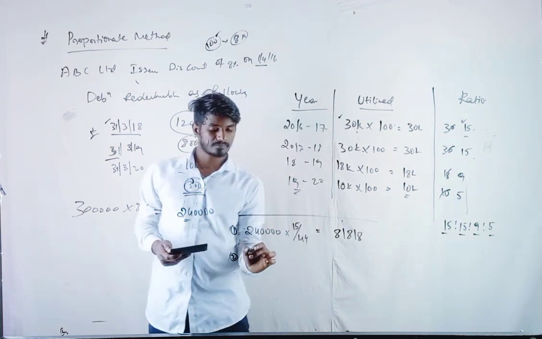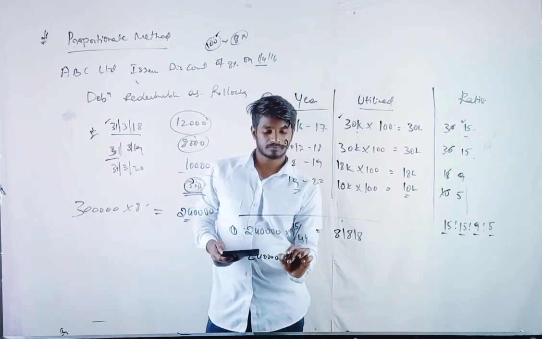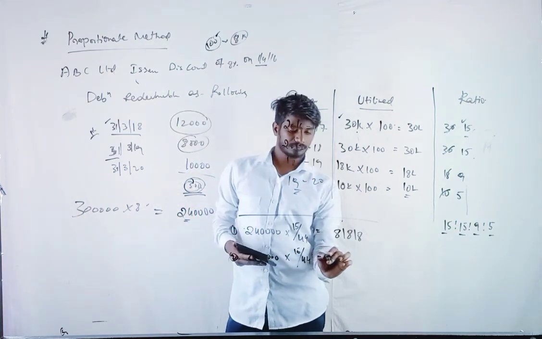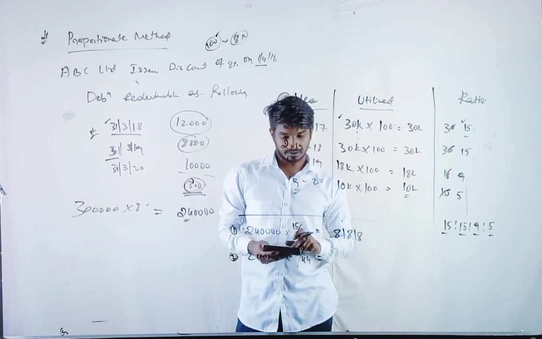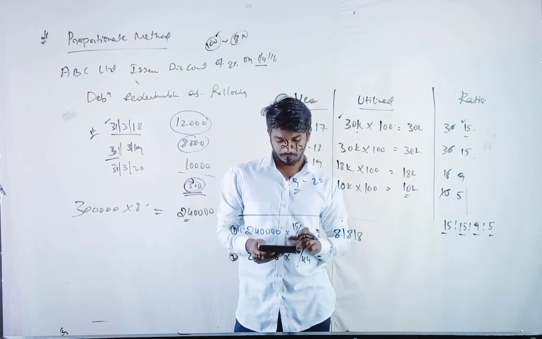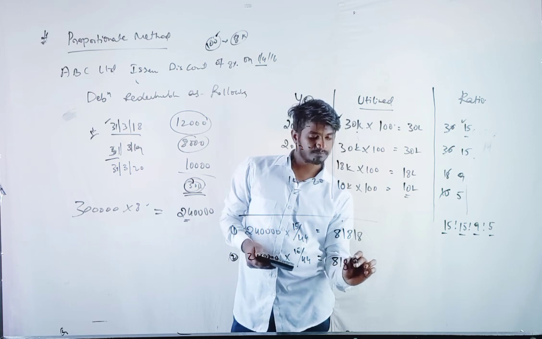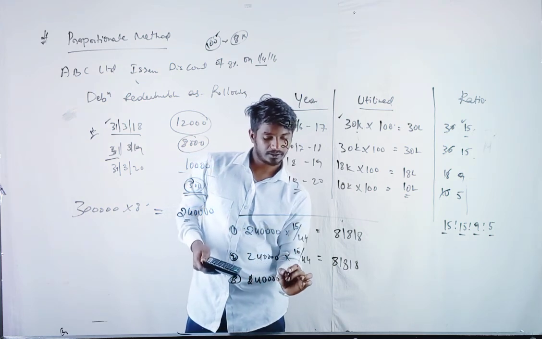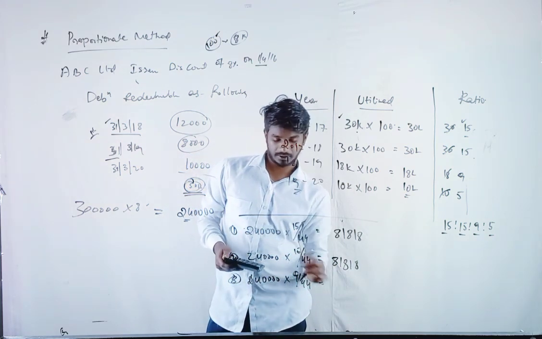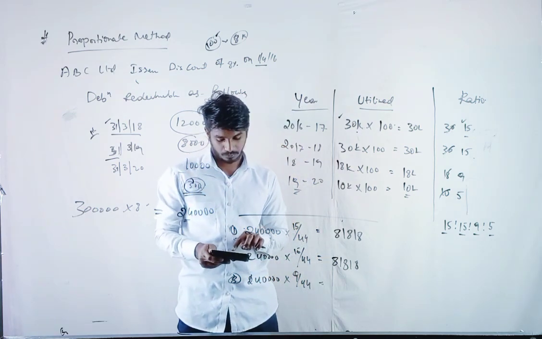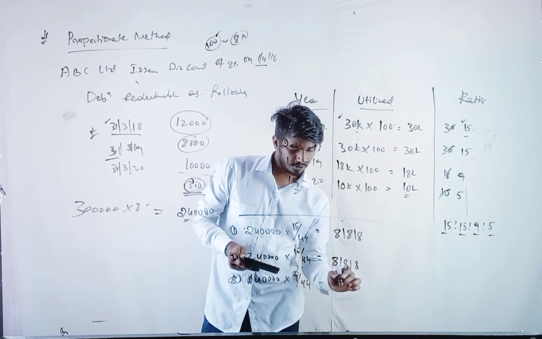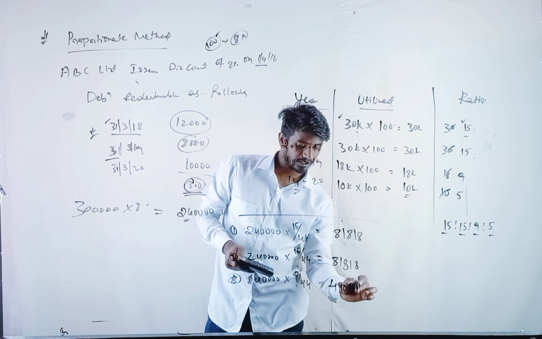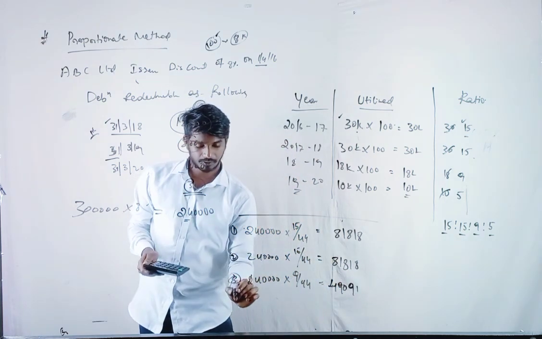Yes, in the second year 2 lakh 40,000 into 15 divided by 44. We can write off again 81,818. And third year, 2,40,000 into 9 divided by 44, that is 49,091, you can take 91 because it is in points.